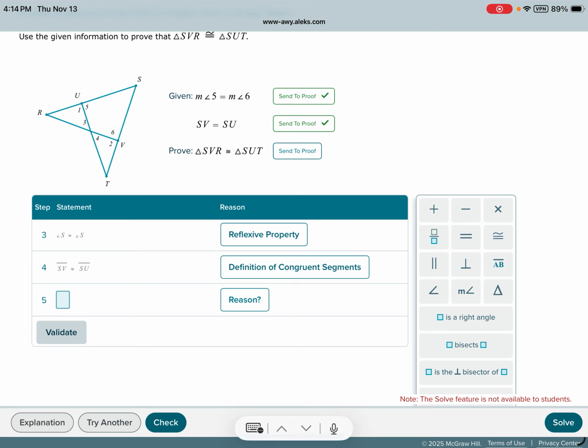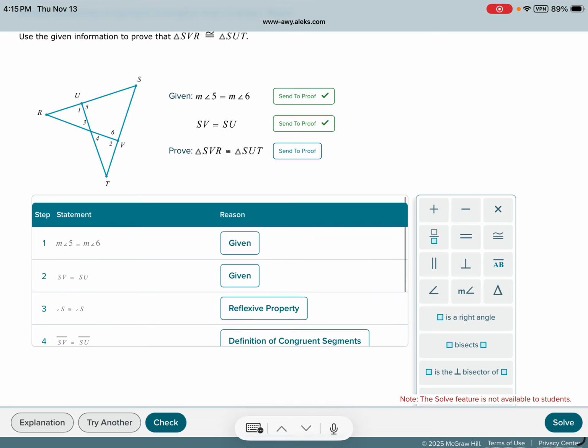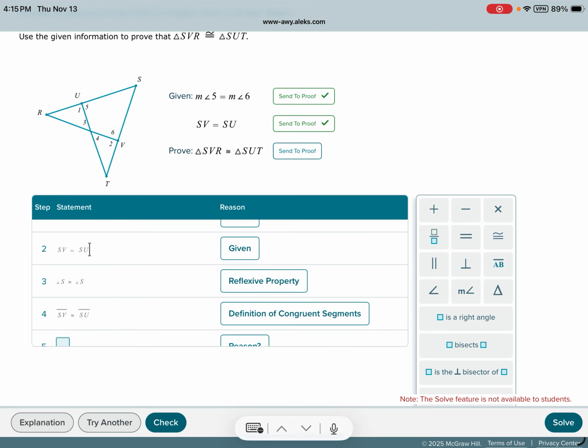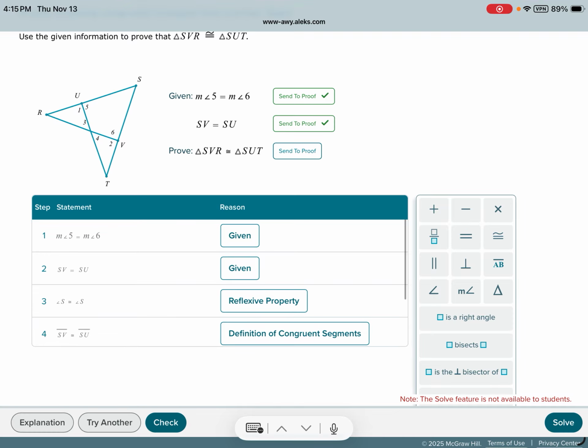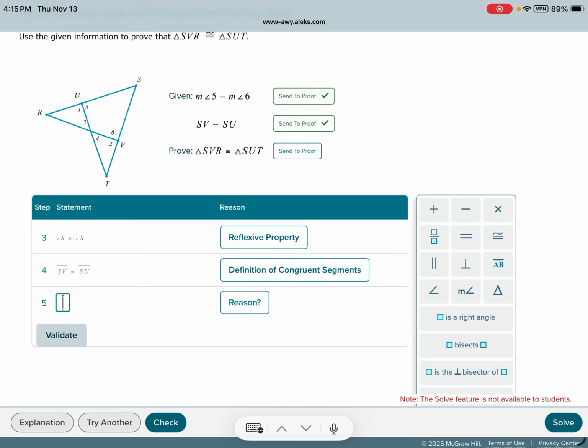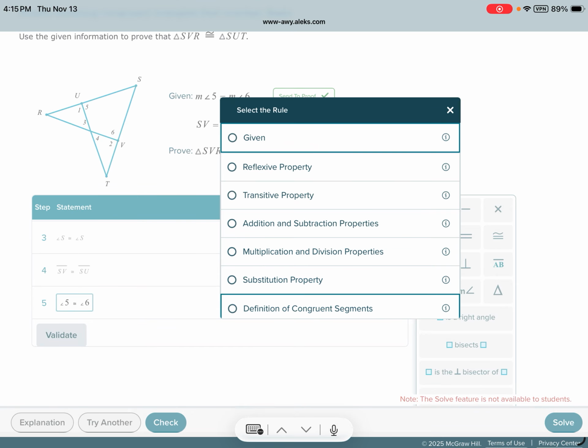Okay, so now what we did there was we changed them over to congruent segments because equal and congruent are the same thing. And we'll do the same thing with angle 5 and angle 6. Yep, congruent.